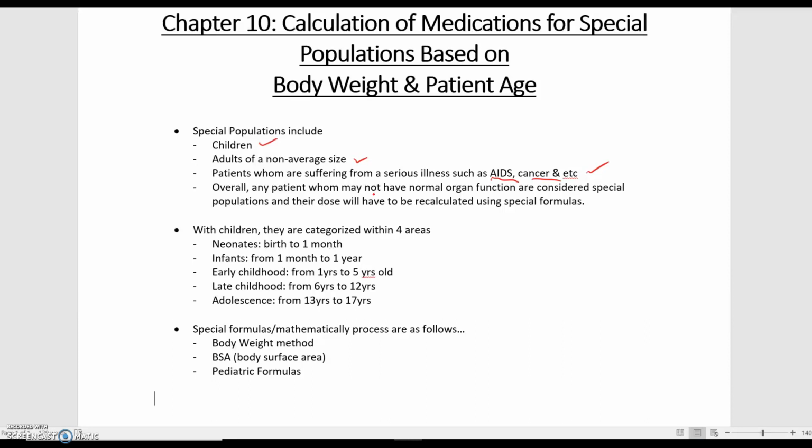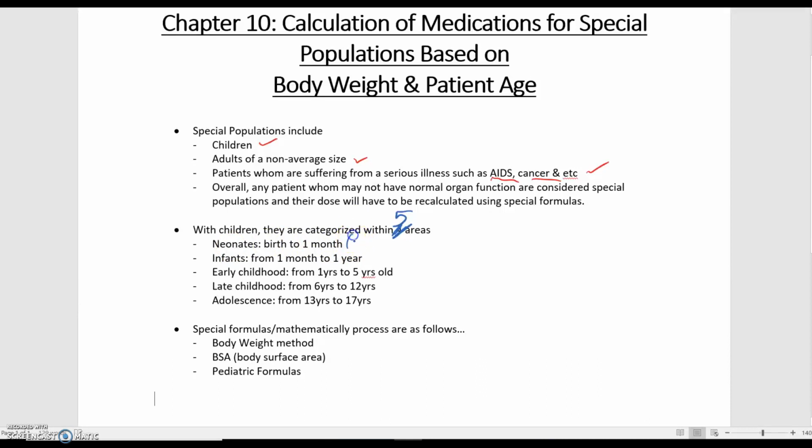Now, when it comes to children, I want you to keep in mind that children are categorized in 5 areas. I have 4 here, but it should be 5. The first area is your neonates. So basically that's considered what? Newborns.